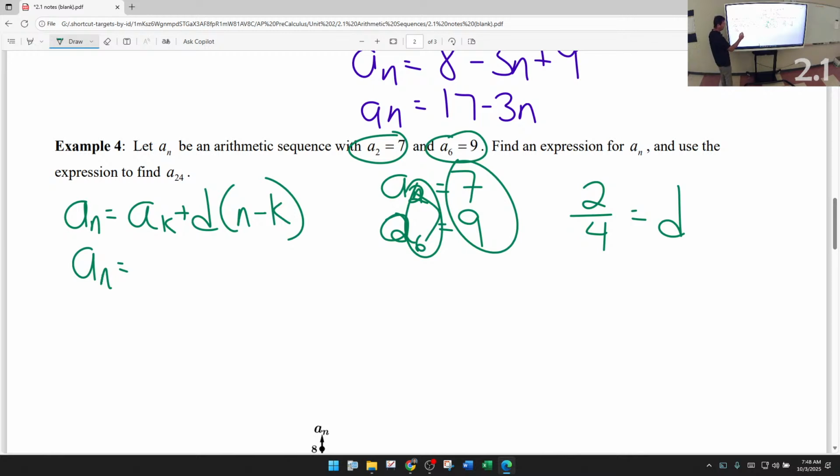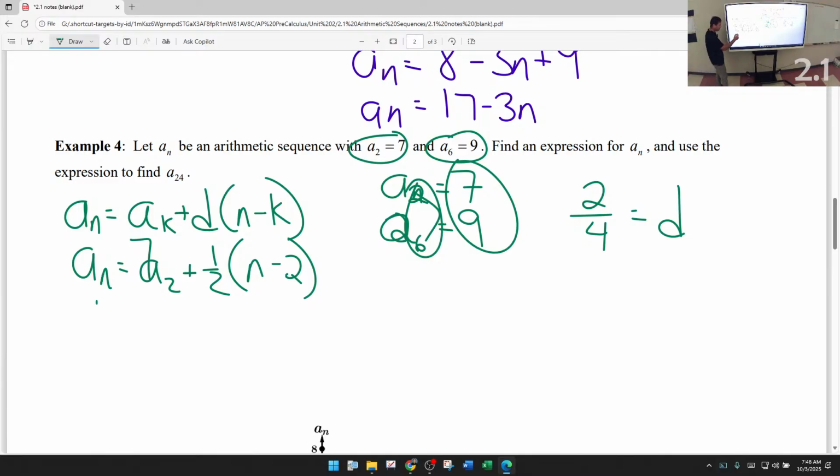So I'm going to do A sub 2 plus, we said D was 1/2, times n minus k. And if I use A sub 2, then k has to be 2. If you did A sub 6, then k would have to be 6. And A sub 2 we decided was 7. And so if you want to put the 7 in there like that, that's okay.